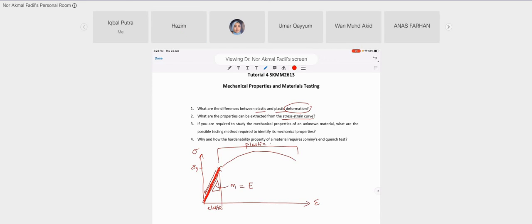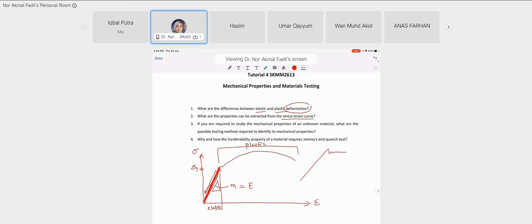Proportional limit, okay, it's slightly lower than yield strength. Sometimes we just use the same value, sometimes it's not similar. For example, if we increase the loads, sometimes it will show a different value, sometimes it just uses the same value.